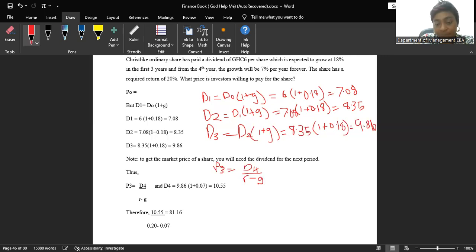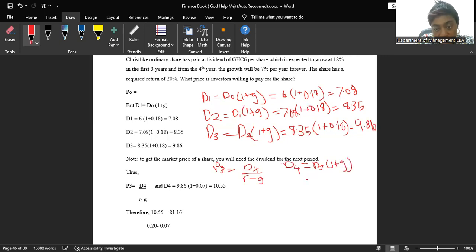So how do we get D4? To get D4, we have to grow D3. So that will be D3 into bracket 1 plus the growth.